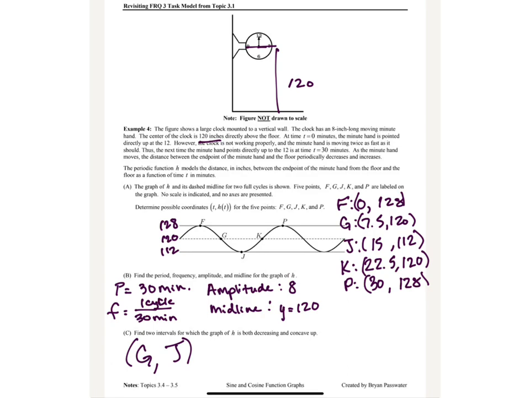G to J, isn't it increasing? I think it's decreasing here for sure. I don't find another one where it's concave up. Not that's marked. I would say from here to here. But I'm not seeing another concave up.